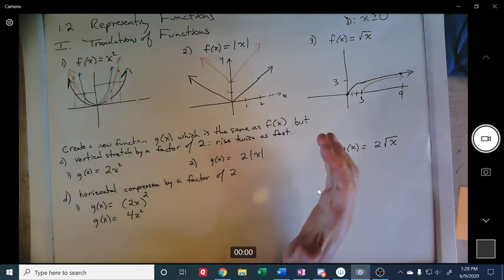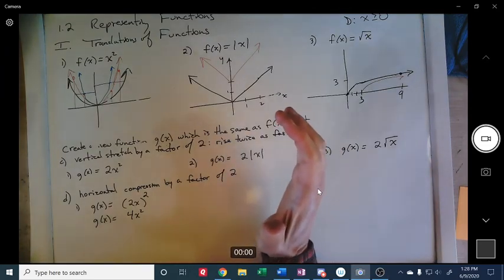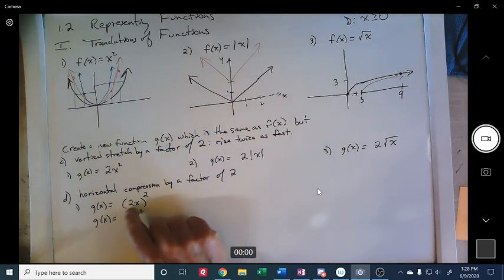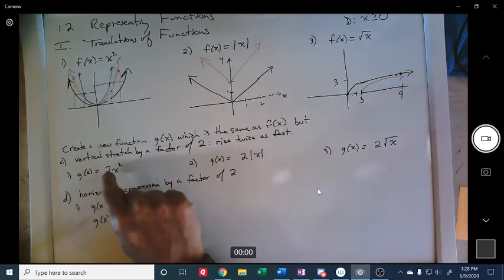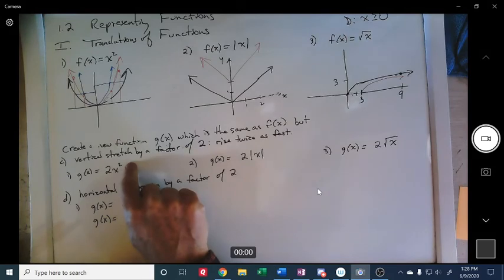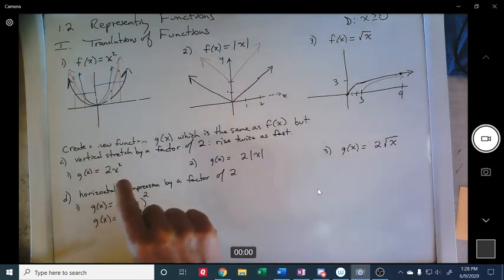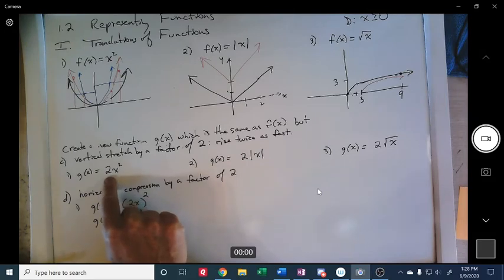So compression horizontally is going to be big numbers bigger than 1, while vertical stretching is numbers bigger than 1 that I multiply by. If I multiply by 1, it keeps the shape the same.